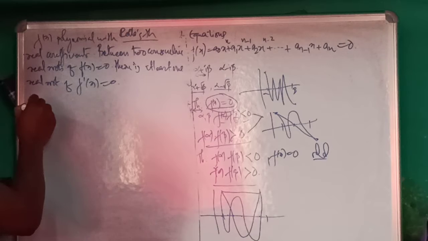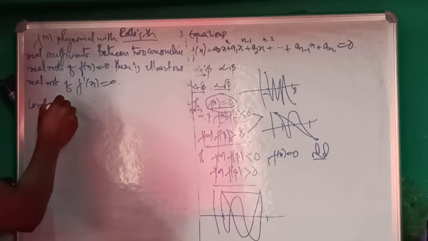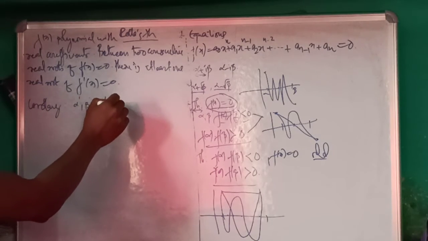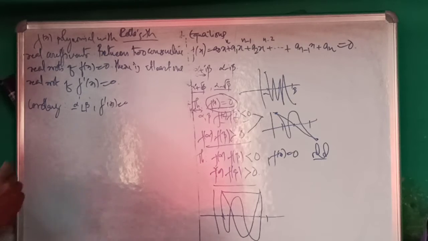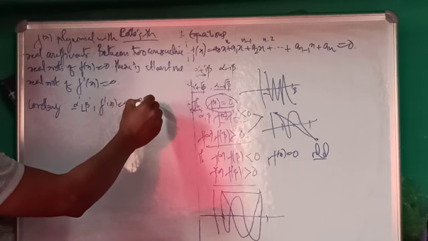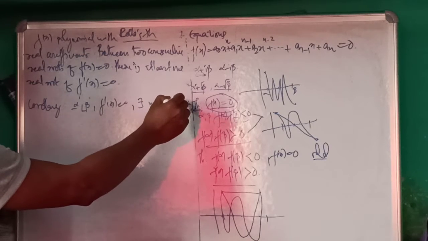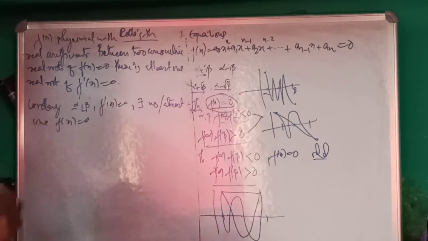Corollary: between two consecutive roots of f dash of x equals 0, suppose alpha dash and beta dash are two consecutive real roots of f dash of x equals 0, then there exists no real root, or at most one real root, of f of x equals 0.